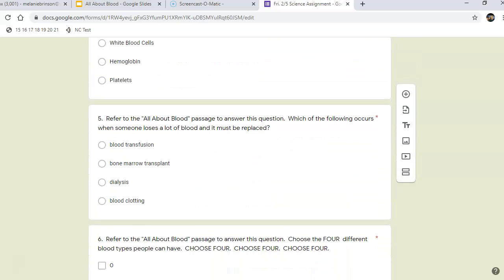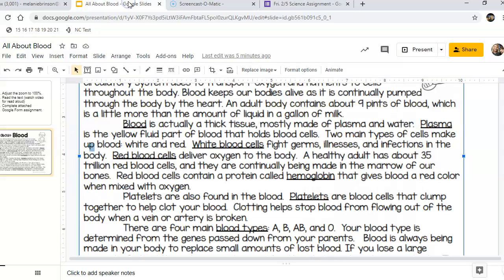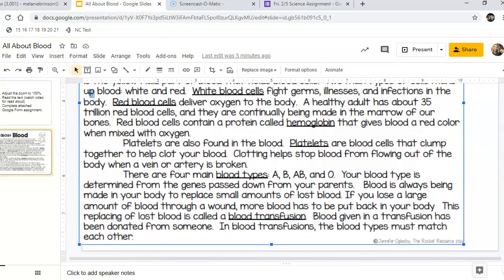Number 5, refer to the passage again. Which of the following occurs when someone loses a lot of blood and it must be replaced? Let me scan for that. Okay, if you lose a large amount of blood through a wound, more blood has to be put back in your body.